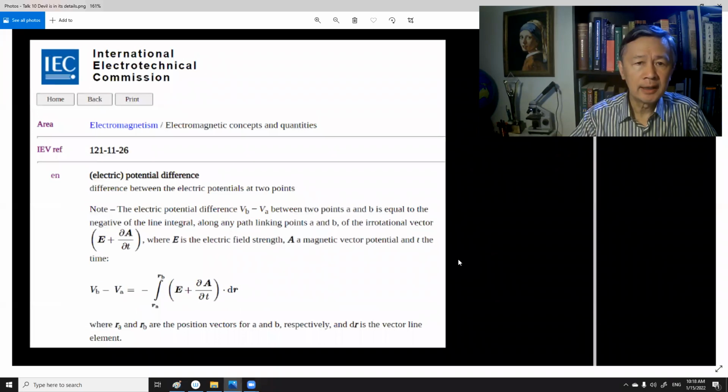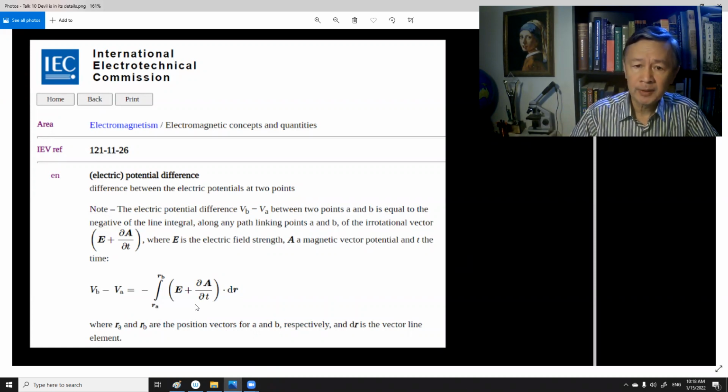This is a definition by the IEC, the International Electrotechnical Commission. Now, you can see that the form of the potential difference is slightly different from what you've seen in your textbook if you started doing undergraduate physics. Here you can see the inside integral, which contains two terms.